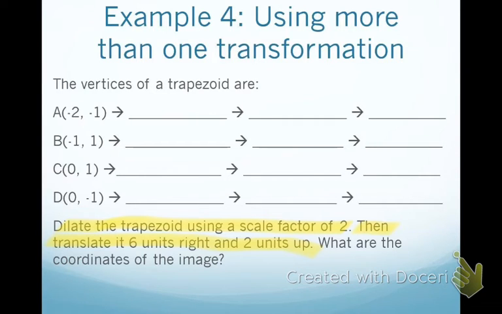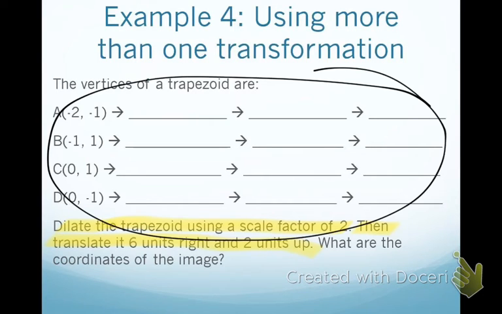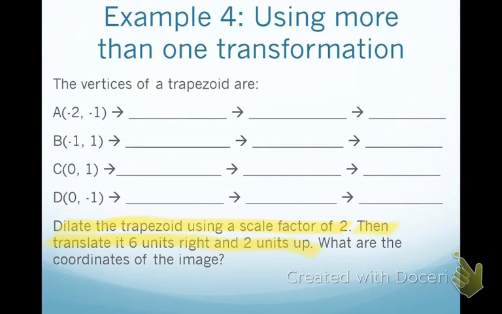So go ahead and set up your points. Are you guys noticing a pattern here with all the examples? We have this general setup where we are moving the points according to certain directions. Okay, so -2, -1, what's my scale factor? 2. 2, so I multiply it by 2.